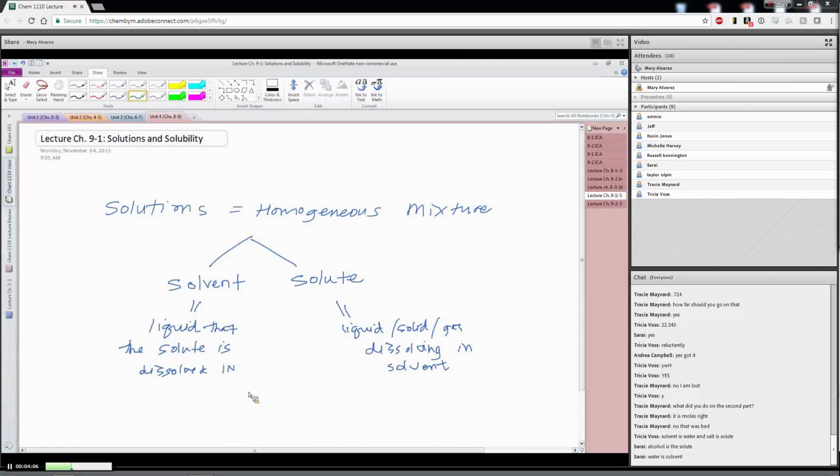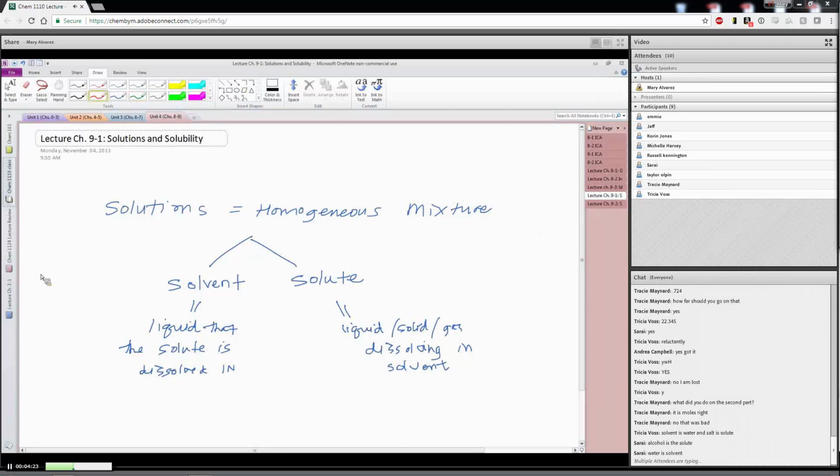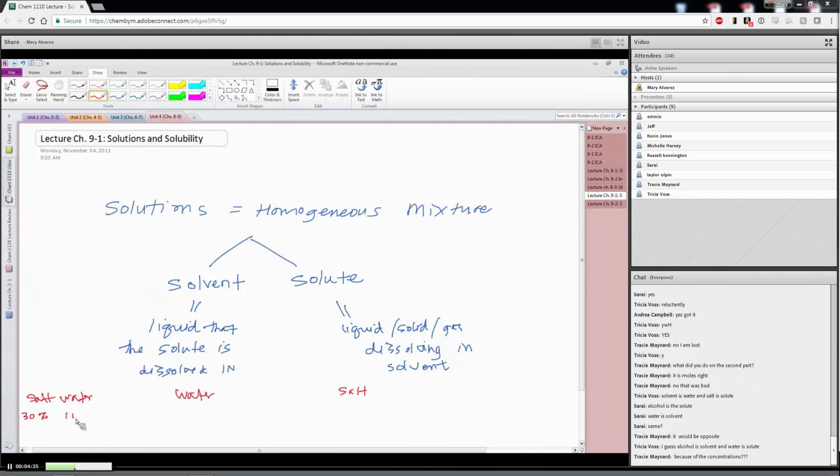Okay, what if you got a solution of 70% alcohol from the store, which means you'd have 70% alcohol and 30% water? Which would be the solute and which would be the solvent? Trisha's exactly right. It would be opposite because of the concentrations.